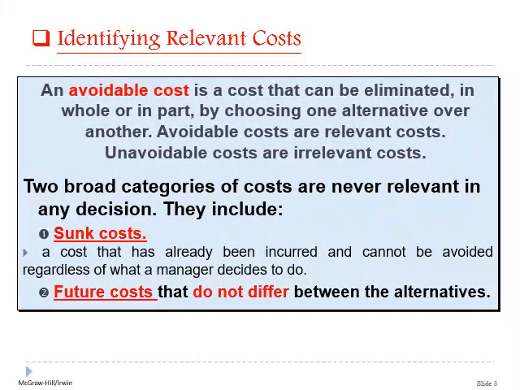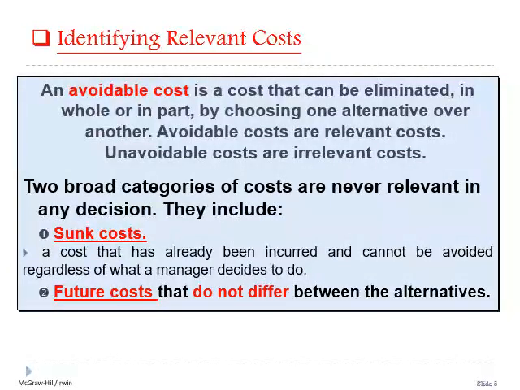Two broad categories of costs are never relevant in any decision. They include، يبقى عندي نوعين من التكاليف ان انا بستبعدها تماما من الديسيجن بتاعي وبتعتبر irrelevant بالنسبة لي، which are sunk costs and future costs that don't differ between the alternatives.